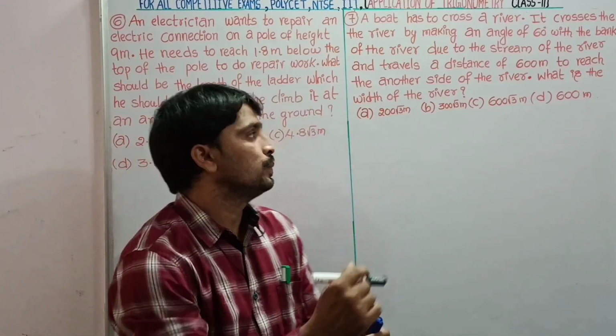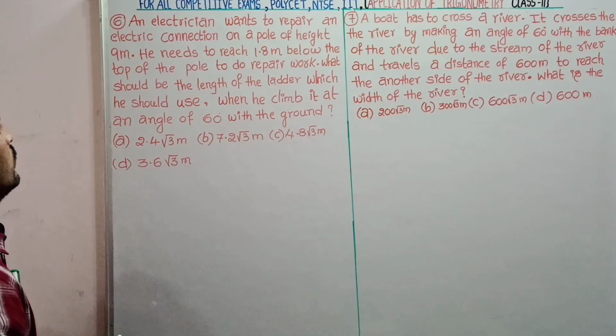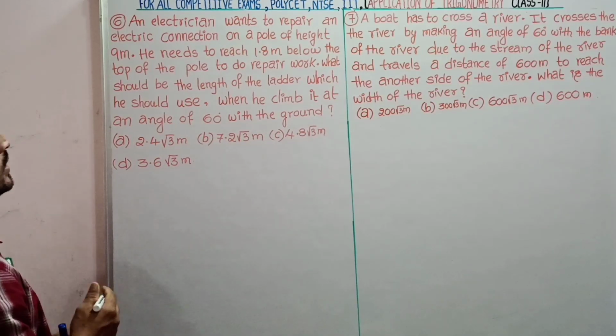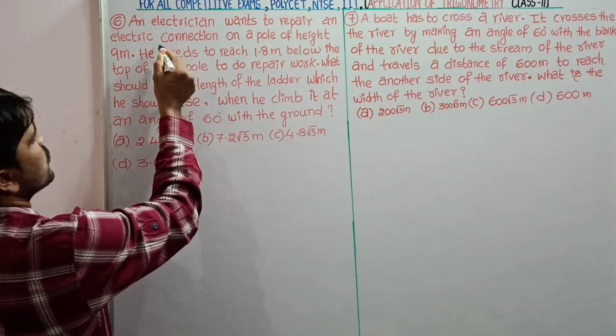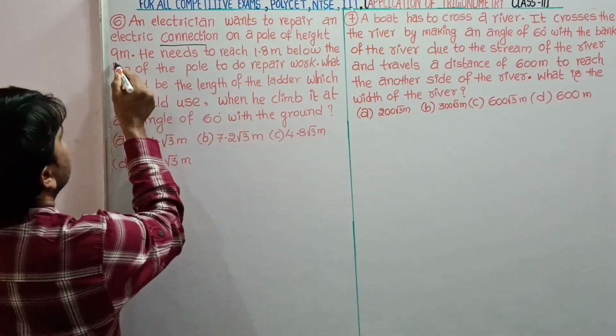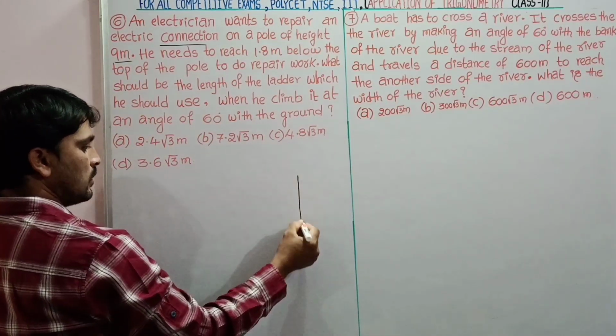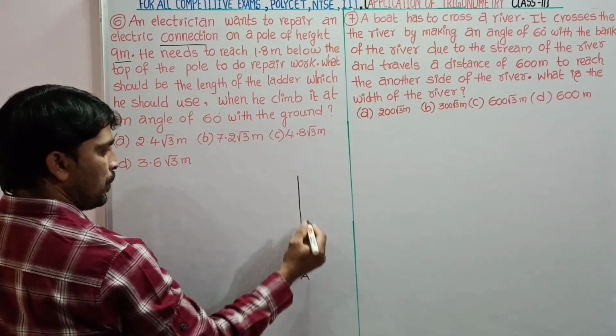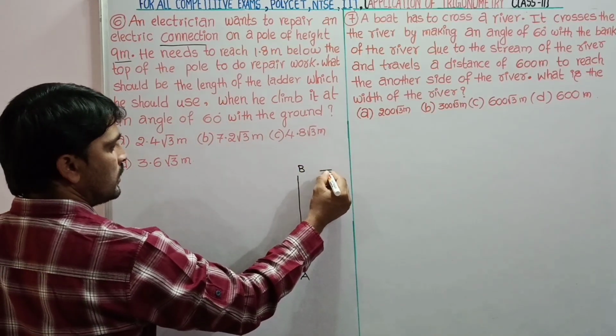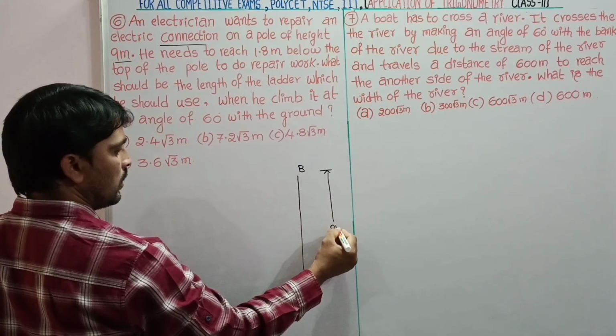Next, sixth question. An electrician wants to repair an electric connection on a pole of height 9 meters. So consider AB is a pole of height 9 meters.